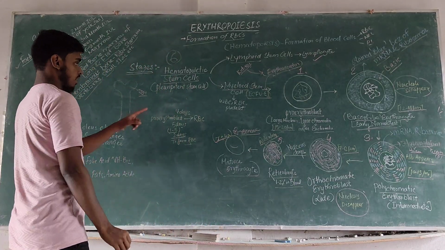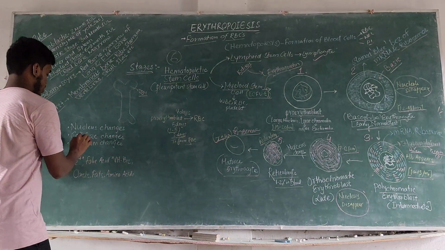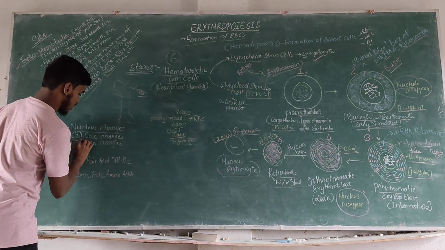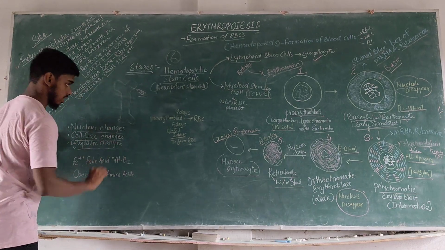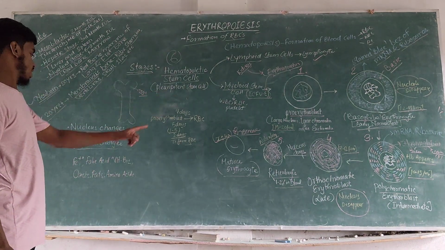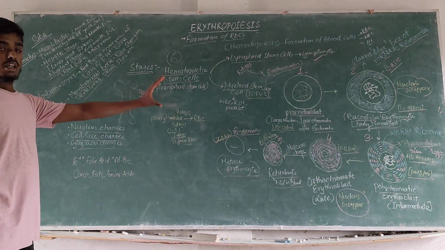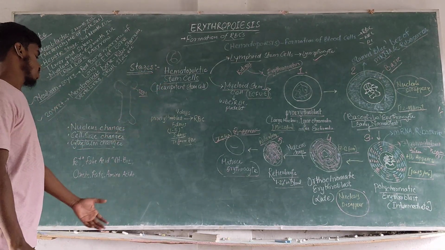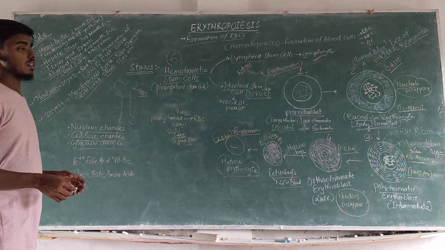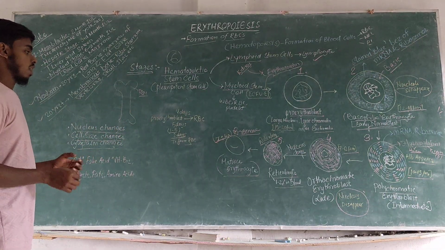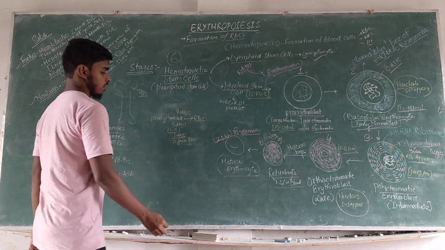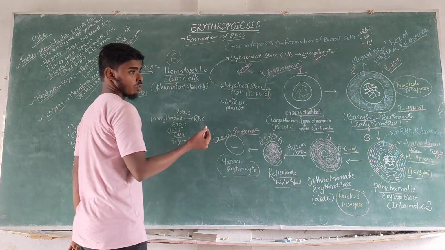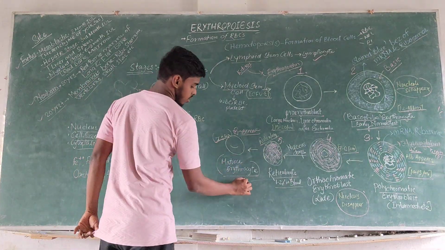We generally see 3 points: nucleus changes, cell size changes, and cytoplasm changes. First of all, the nucleus disappears, cytoplasm size becomes condensed, cell size becomes condensed, and when the mature erythrocyte forms, there is no nucleus, no cell organelle, nothing.